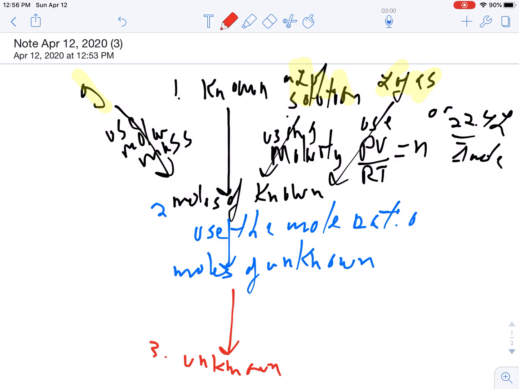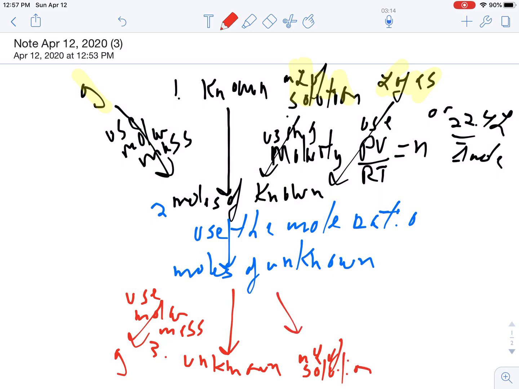If they want their answer in grams, you're going to use the molar mass. If they want their answer in milliliters of solution, then you're going to use molarity. And if they want their answer in liters of a gas, then you will use PV equals nRT.